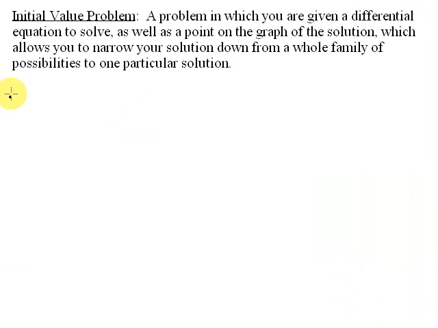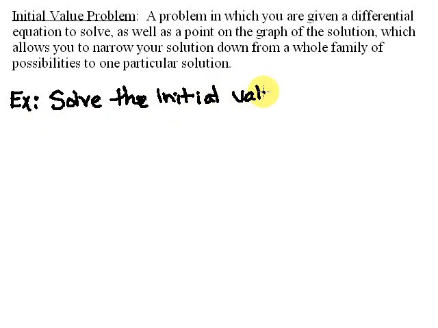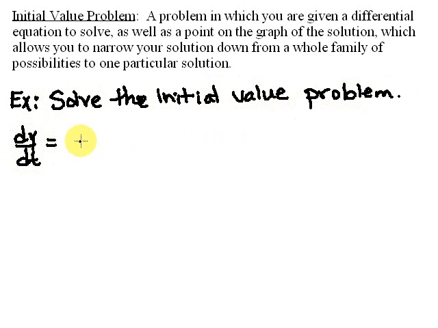So let's look at an example of a kind which we have actually solved before. The instructions say solve the initial value problem. And we're given dy/dt plus t is equal to 2.